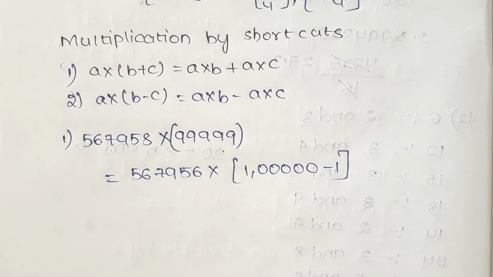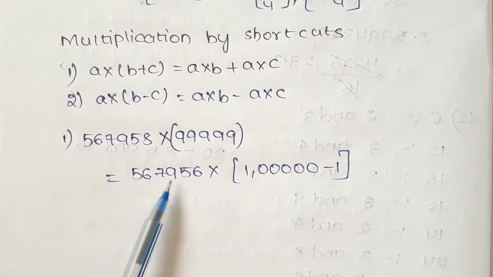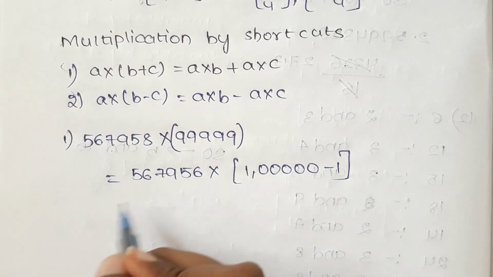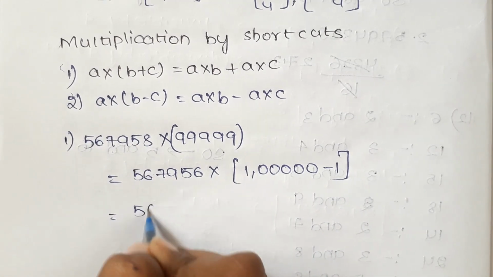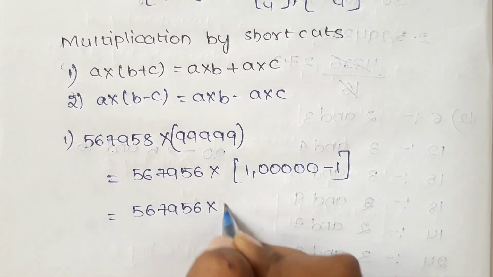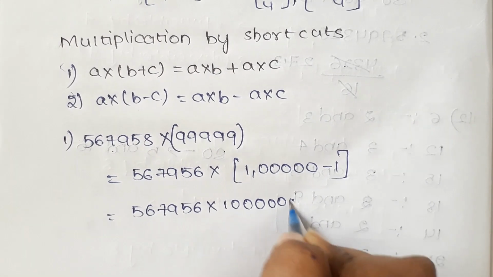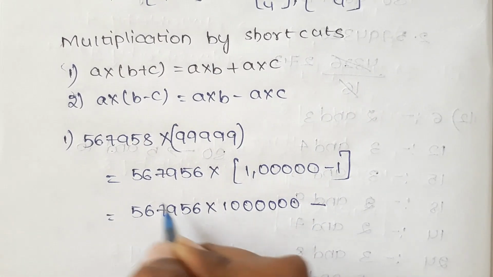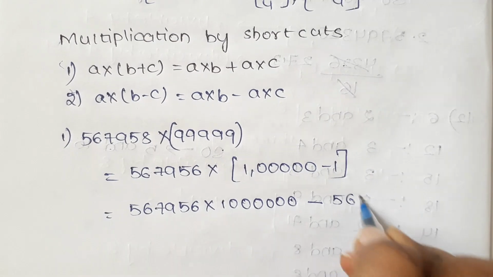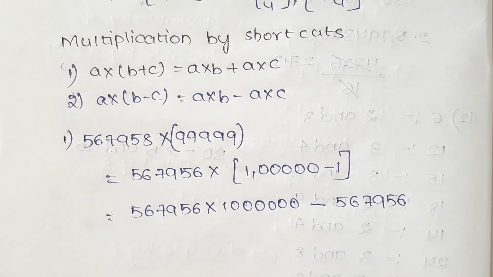Now it is a, it is b and c. It is in the form of a into b minus c. Now it can be written as 567958 into 1 lakh minus 567958, and it is a very easy process.